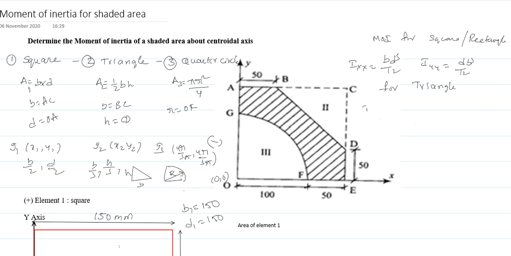Similarly, for a triangle, IXX is equal to BH cube by 36 and IYY is equal to HB cube by 36. Similarly, for a quarter of a circle, IXX is equal to IYY is equal to 0.055 r power 4. These are the formulas you must remember before going to solve the moment of inertia of the following sections.